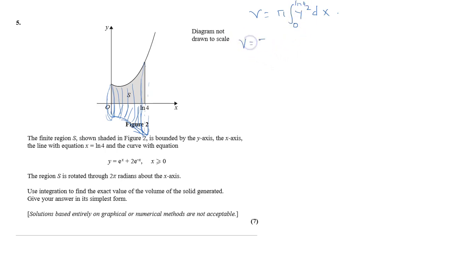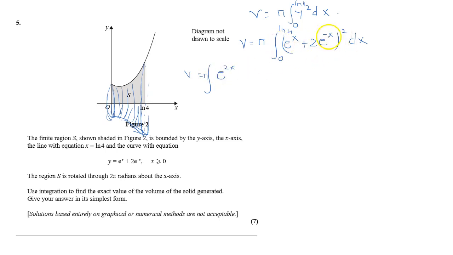So volume is equal to pi integral from 0 to ln 4 of (e to the power x plus 2 e to the power minus x) squared dx.